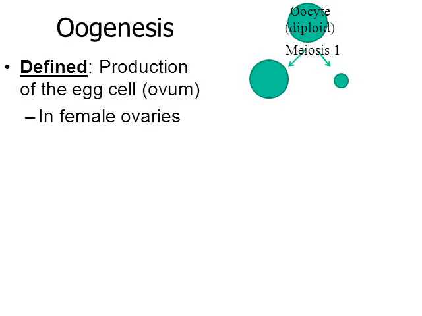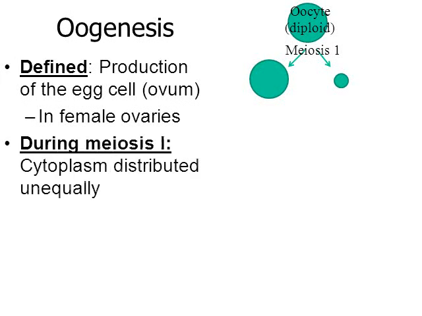But notice how the cell on the left is different than the cell on the right, just in terms of size. That's because during meiosis number 1, when that oocyte goes through meiosis number 1, the cytoplasm is not distributed evenly. The cell on the left received the bulk of the cytoplasm, the bulk of the organelles.